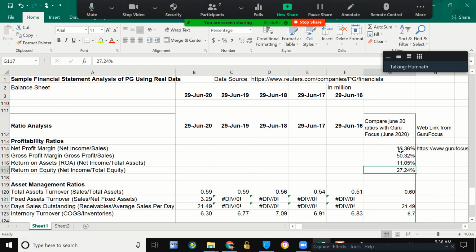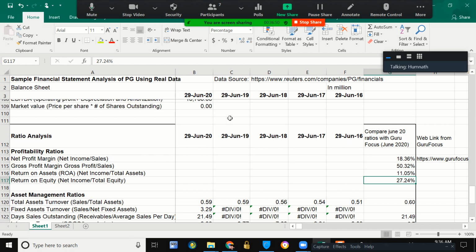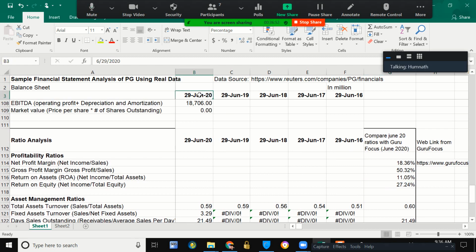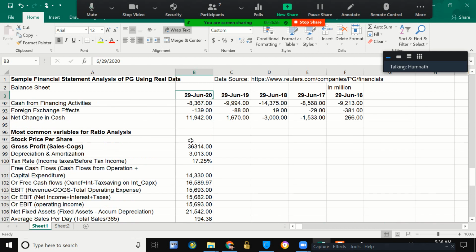All right. The Guru Focus website uses the stock price at the end of this month. So we want to get the stock price data for June 29, which is the end of the fiscal year of this company.